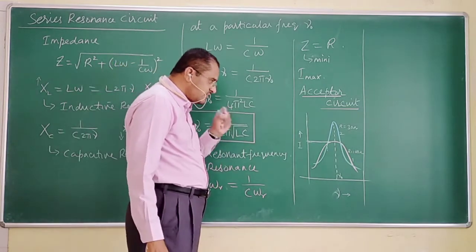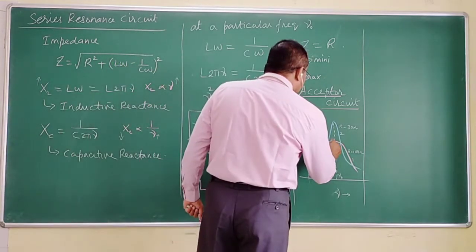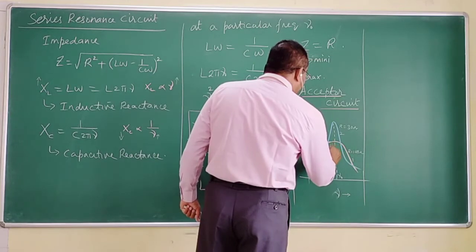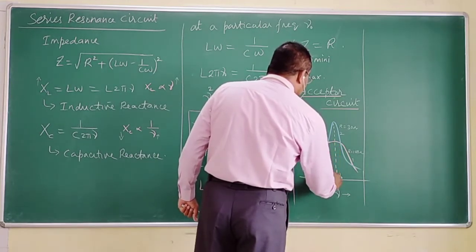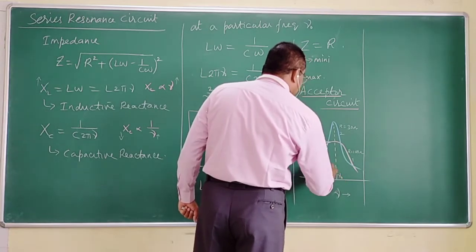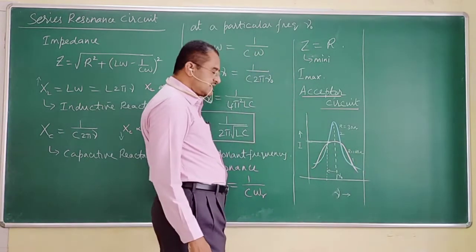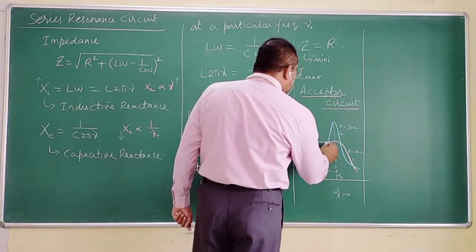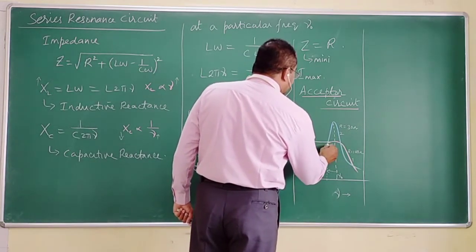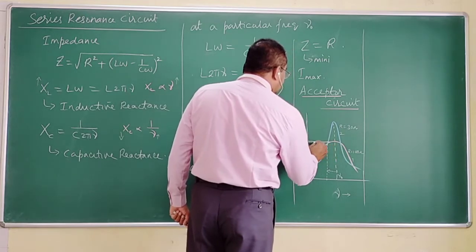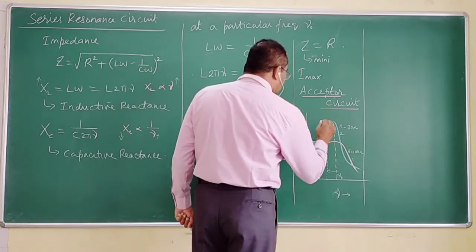If you look at curve 1 carefully, if you deviate slightly from the resonant frequency, this way or that way, you find the variation in the value of current is very, very small.